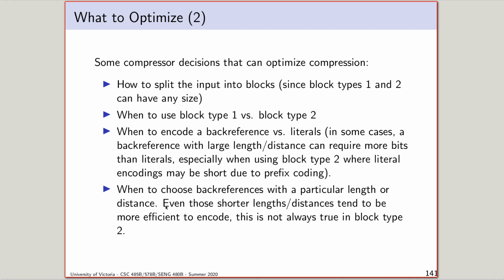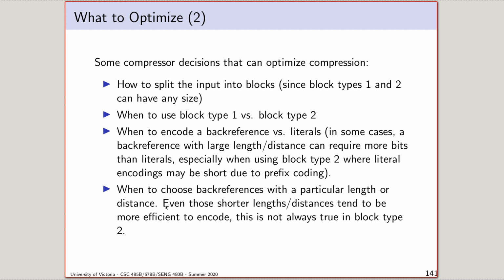It's more complicated than that, because it might turn out, as we saw, we store back references using these length symbols. And the more you use a length symbol, the shorter its encoding gets. Which means if you choose to not use back references, the back references become less efficient. If you choose to use more back references, even weird ones, like ones that are 30,000 characters in the past, they might end up saving bits.